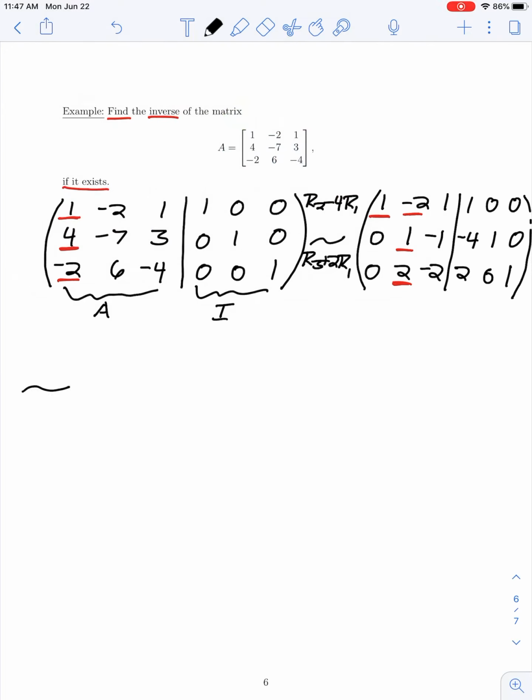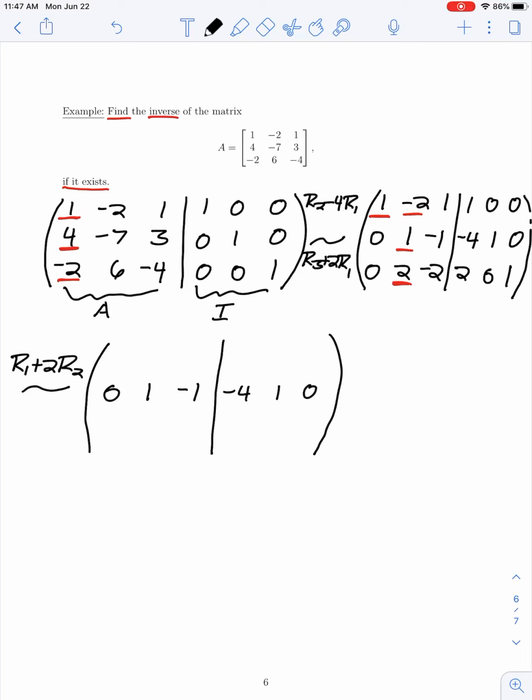So in my next step, I could take row 1 and add 2 times row 2. My second row I'm going to leave alone in this step, 0, 1, negative 1. And if I leave the second row alone on my right-hand side, I have negative 4, 1, 0.